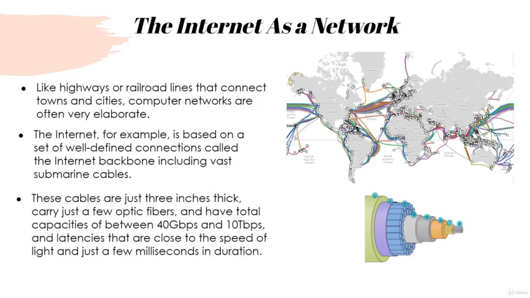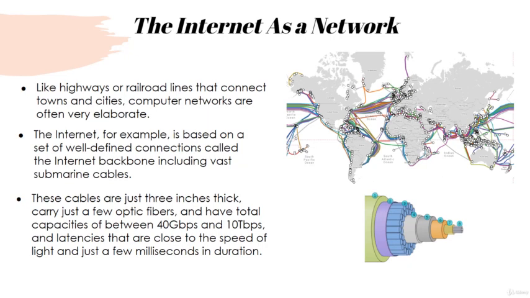And so let's look at the internet as a network. And so just like highways or railroad lines that connect towns and cities, countries, states, whatever that may be, right? Computer networks are very much the same. They're all connecting networks all around the world.